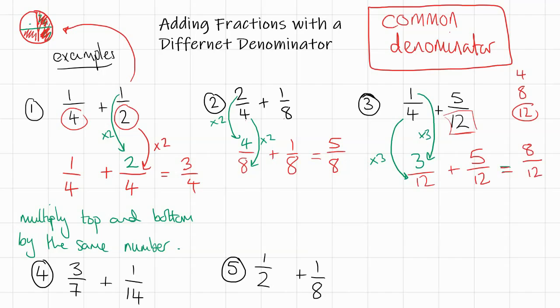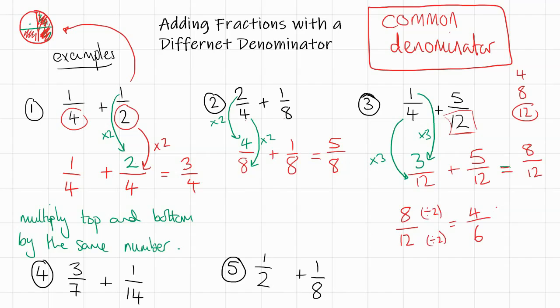3/12 plus 5/12 is 8/12. And sometimes you might be asked to write it in its simplest form. We can simplify this. 8/12. Well, what can we divide these both by? I know I can divide them both by 2. So why don't we divide both numbers by 2? Put that in a little bracket. 8 divided by 2 is 4, and 12 divided by 2 is 6.